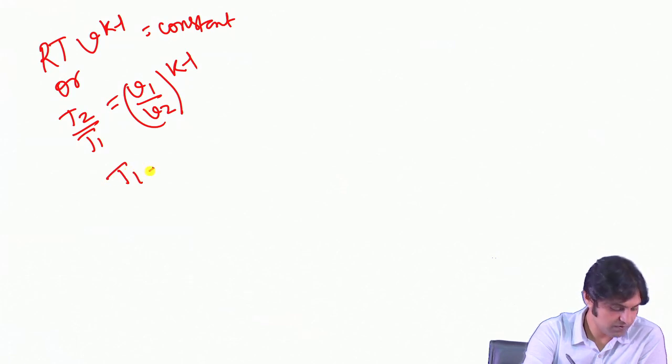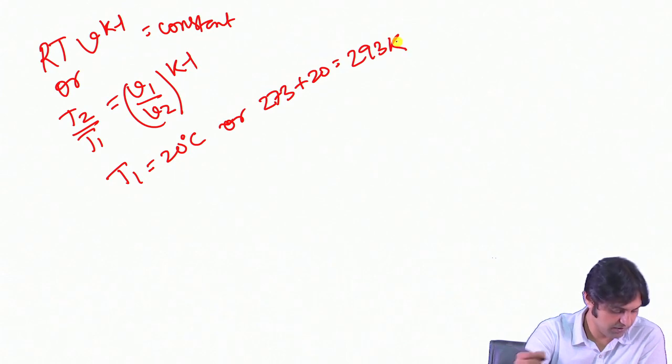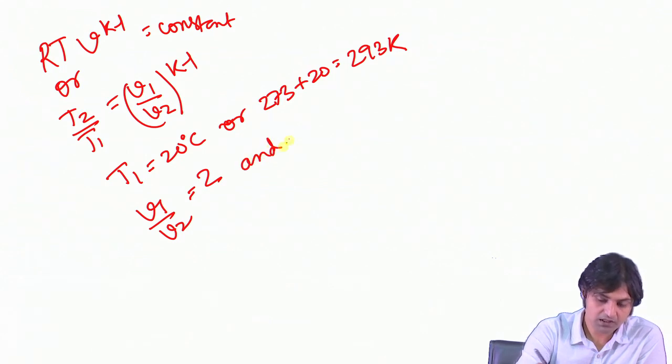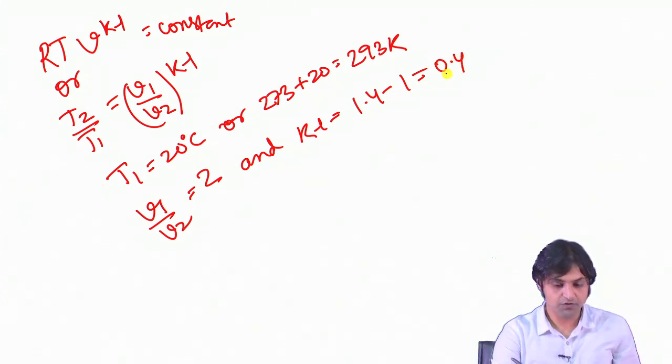We know that T1 was 20 degree centigrade, or in Kelvin it's going to be 273 plus 20 is equal to 293 Kelvin, and V1 by V2 is 2, and k minus 1 will give out 1.4 minus 1 as 0.4.